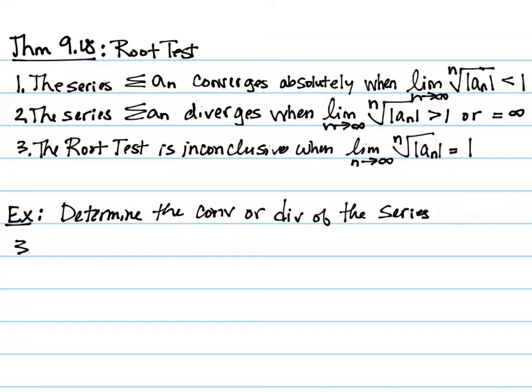And our series we're looking at on this one is the summation from n equal 1 to infinity of (4n over 5n plus 1) to the power n.